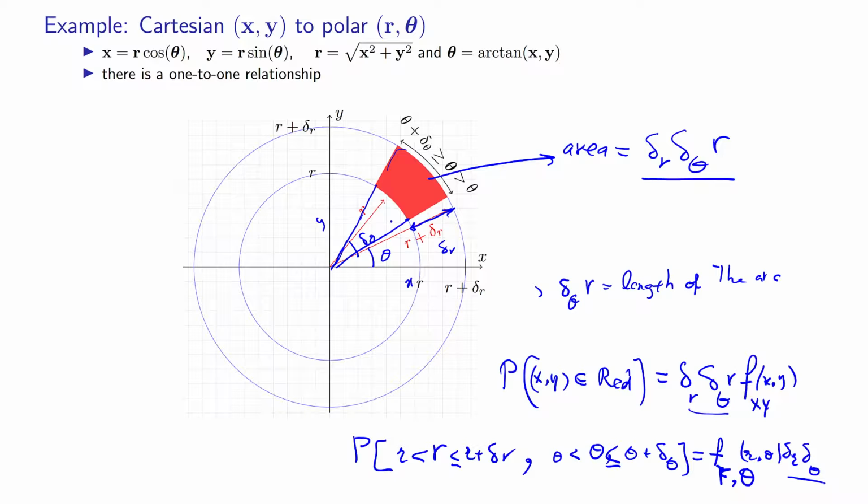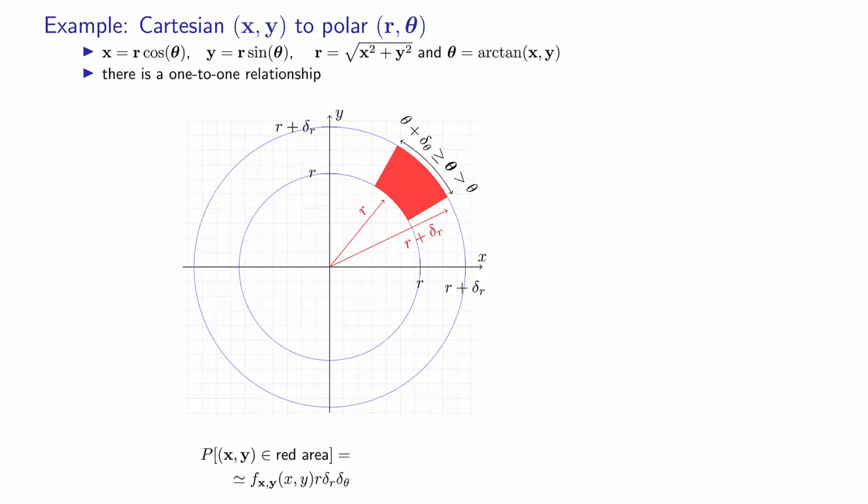So from here you can obviously see that there is a relationship between the distribution in Cartesian and polar. In summary, the probability that you have x and y in the red area is equal to that, and the probability that you have that, so these two are equal.